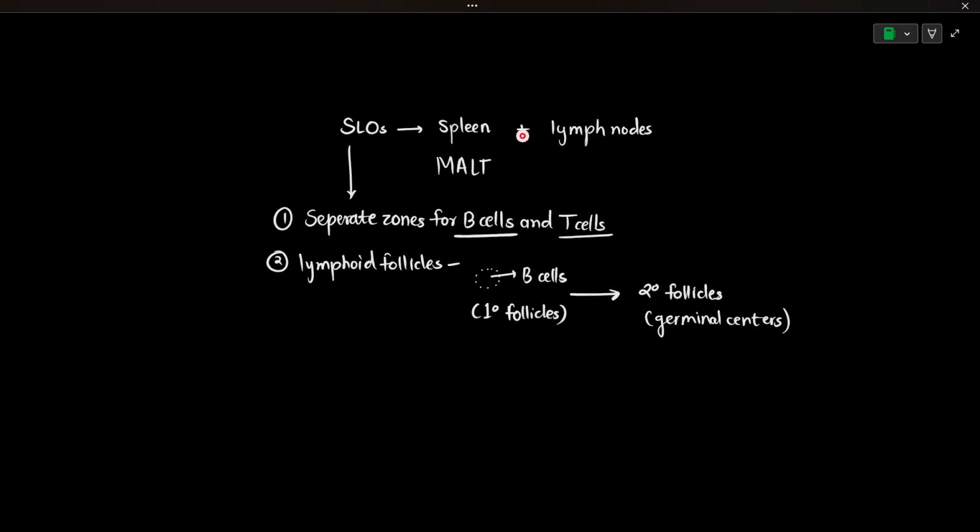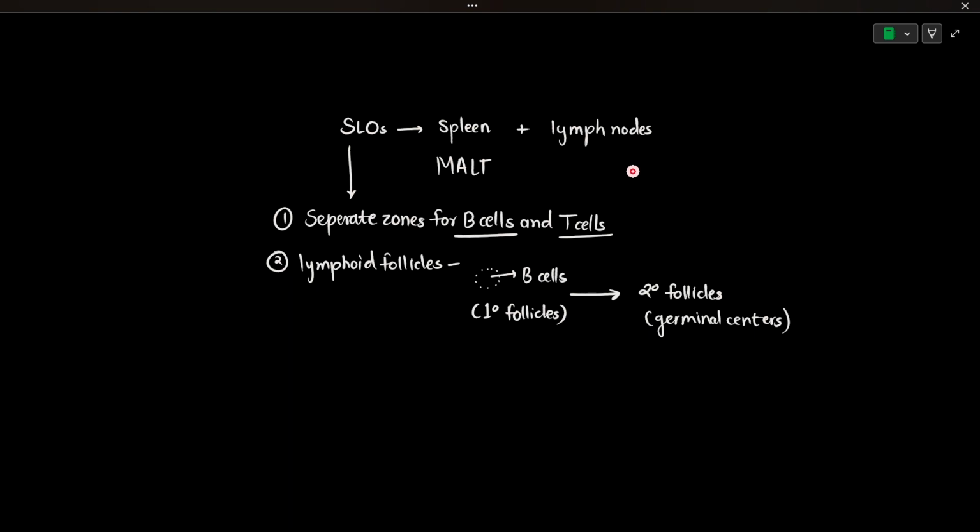So this is the difference between the secondary lymphoid organs, but basically all of them have one job, and that is to initiate the immune responses. Other than that, the spleen also has other roles, to filter the blood and remove old and damaged RBC, whereas the lymph node is fully dedicated to the initiation of immune responses, right?